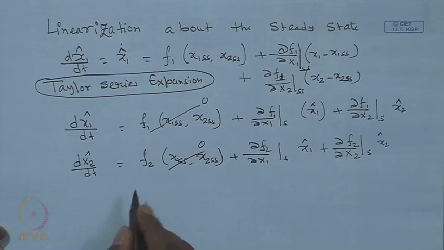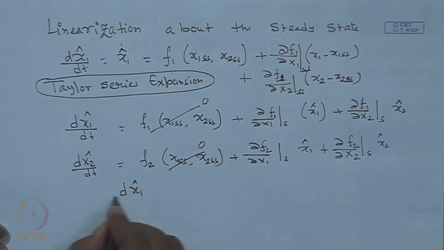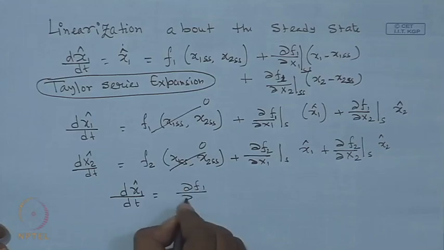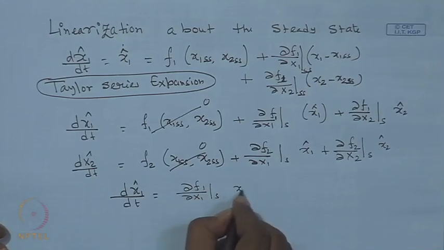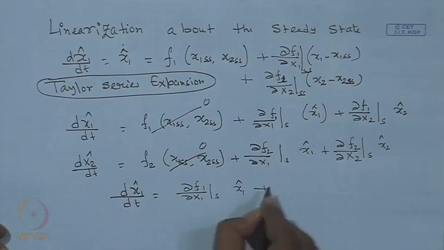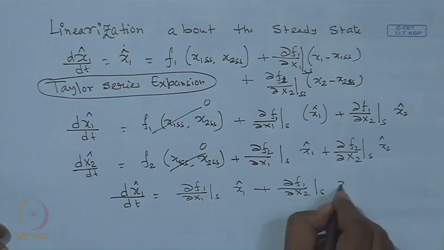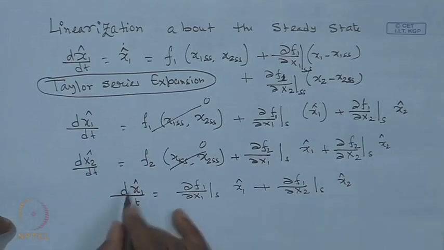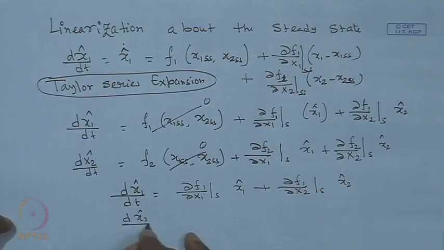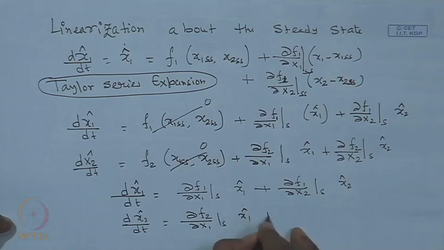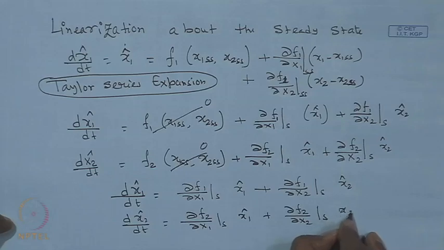So, the neat, compact form will be dx1 hat dt in the deviation variables is del f1 del x1 evaluated at steady state times x1 hat plus del f1 del x2 evaluated at steady state times x2 hat, and dx2 hat dt is nothing but del f2 del x1 at steady state times x1 hat plus del f2 del x2 at steady state times x2 hat.